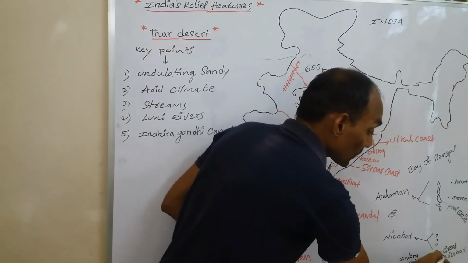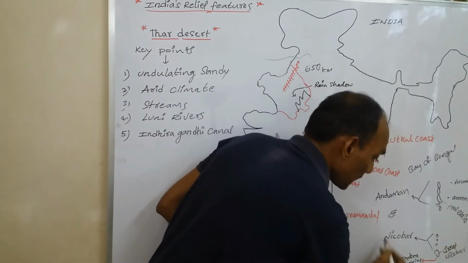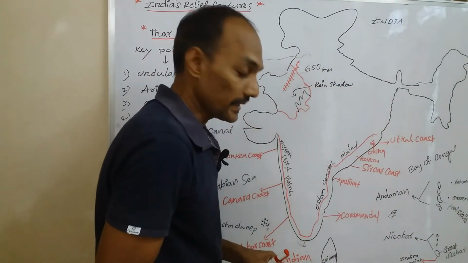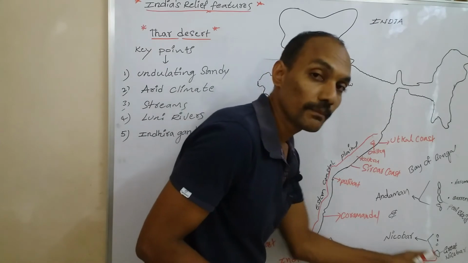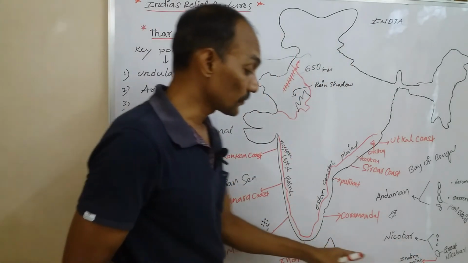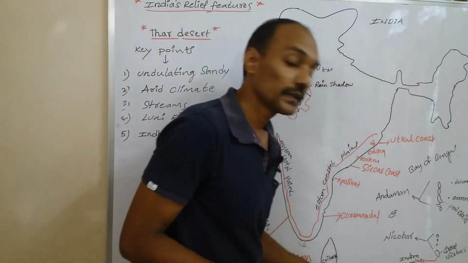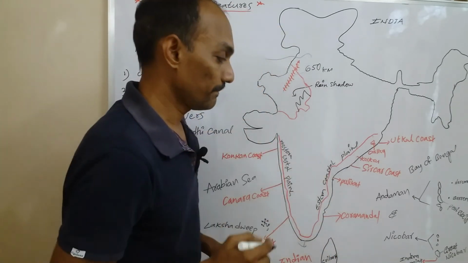It was initially called Pygmalion Point, but it was renamed Indira Point after 1985.